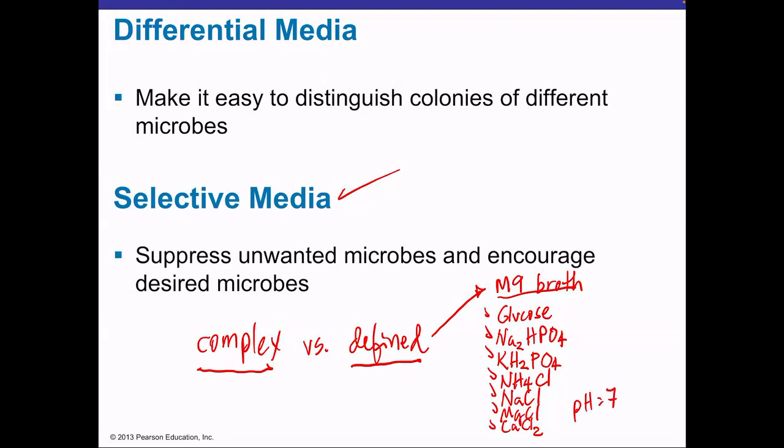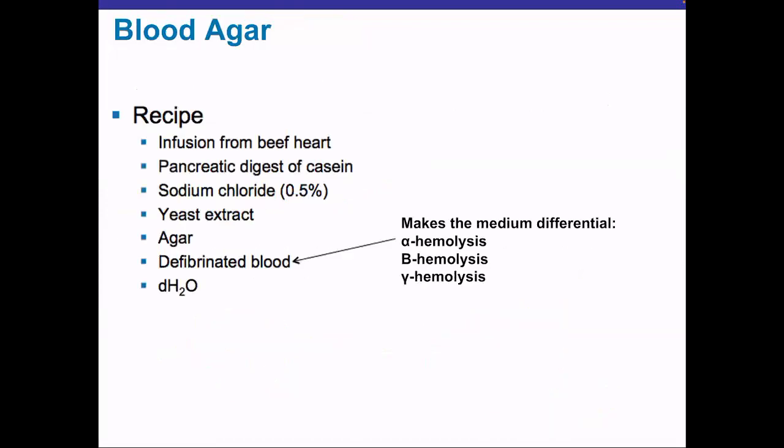Now, in the complex medium, again, there is always at least one ingredient that is complex. And all the microbiological media that we're going to discuss today are examples of this complex medium. Let's start with this one, blood agar.